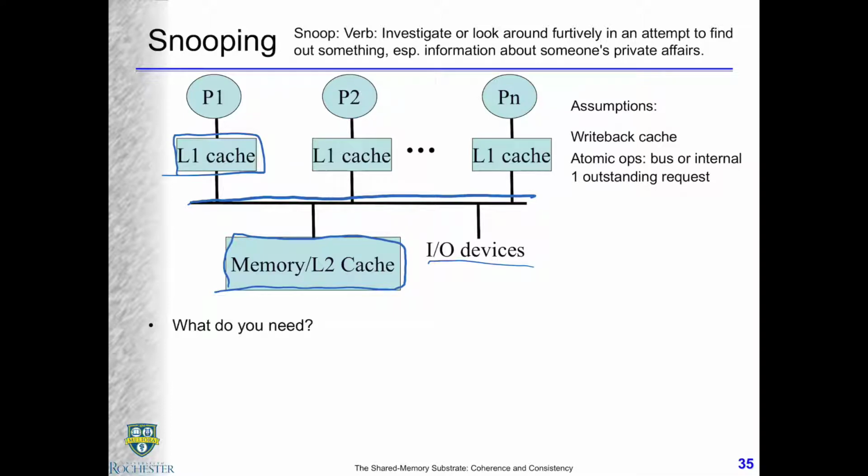Okay, what that means is, when you're trying to write a cache line, you can go into other caches, or at least tell them, check your cache. Do you have this line? If so, invalidate. That's what we want to do, right? Think about what physical devices you need to make that happen.